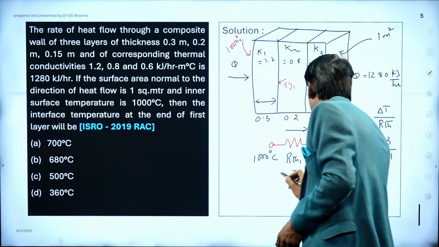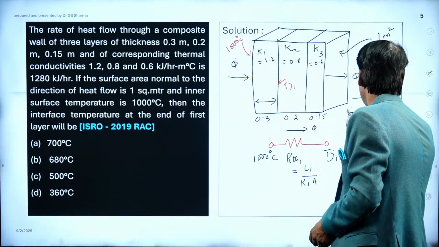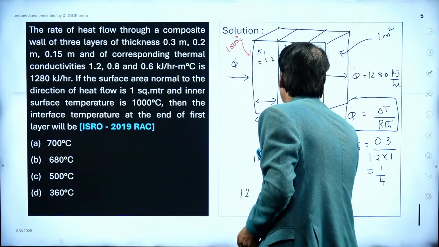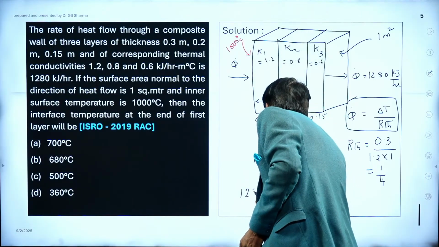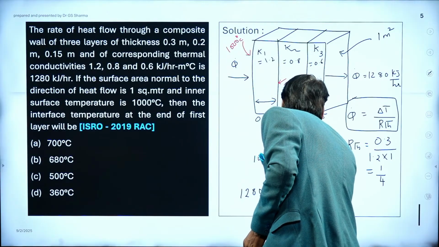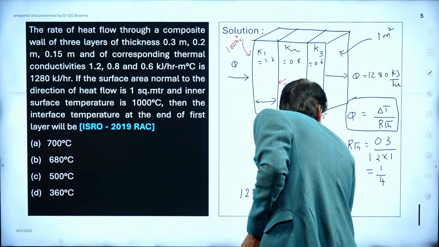So I will write this relation clearly: 1280 is equal to delta T, 1000 minus Tj1, divided by this value.